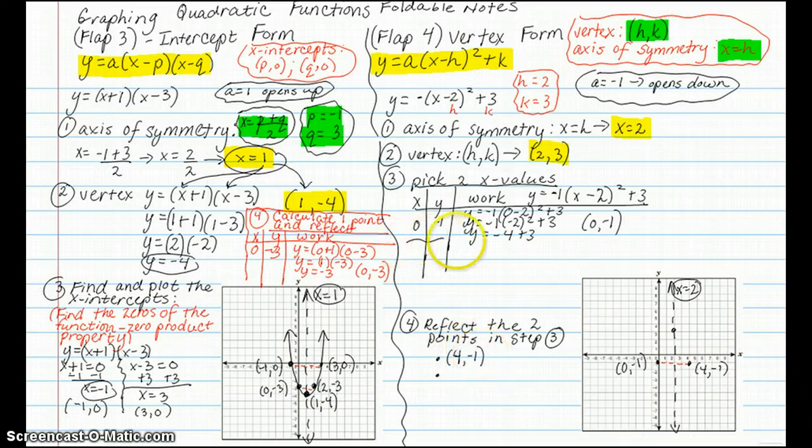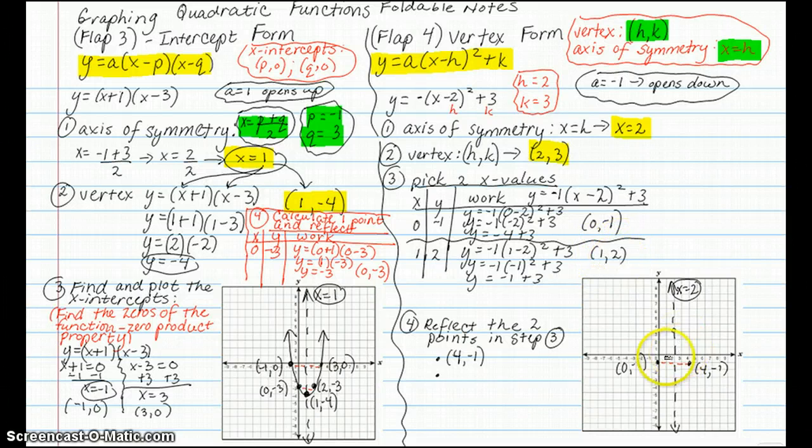And then we're going to pick another point to the left, and I can pick 1 because it's right here. So y equals negative 1 times 1 minus 2 squared plus 3. 1 minus 2 is negative 1 squared plus 3. Negative 1 squared is 1 times negative 1 is negative 1 plus 3. And negative 1 plus 3 is 2, so the ordered pair is 1, 2.